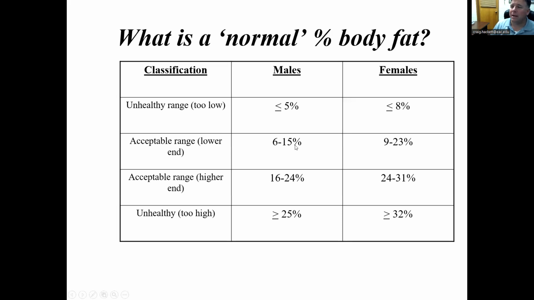Same for females: if you're at 20%, you're doing fine. You're in the range, so don't overthink this. This is about foundations or baselines. If you're in the acceptable range, either high or low, you're doing just fine, and then work towards your goals based on that. Now, if you're in the unhealthy ranges, then certainly you need to work at getting out of them.